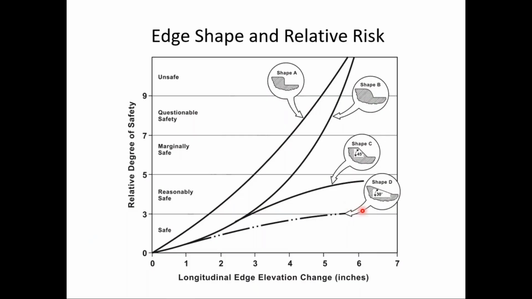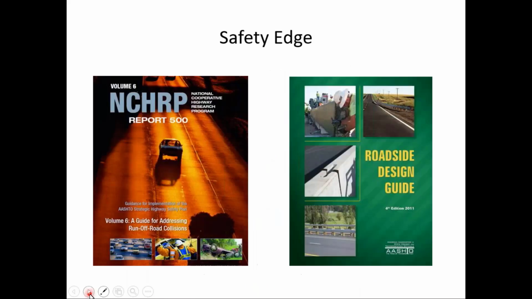So this was sort of the genesis or the background for the safety edge concept, which has been promoted by Federal Highway Administration for many years, that if we can put this sort of a shape on our edge, the conditions will be much safer for motorists. And so the safety edge is discussed in a number of different documents. It's also mentioned in the AASHTO Roadside Design Guide. I would call it a proven safety countermeasure.